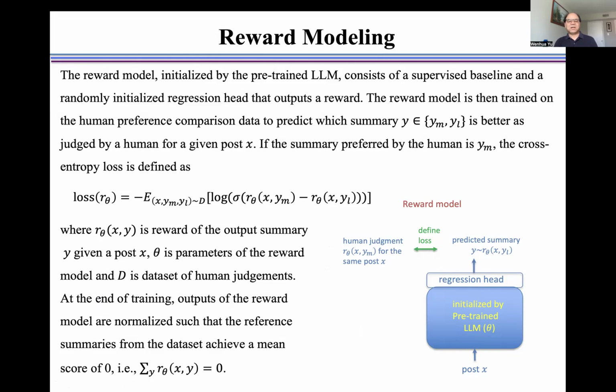At the end of training, outputs of the reward model are normalized such that the reference summaries from the dataset achieve a mean score of 0, namely the sum of r theta equals 0.